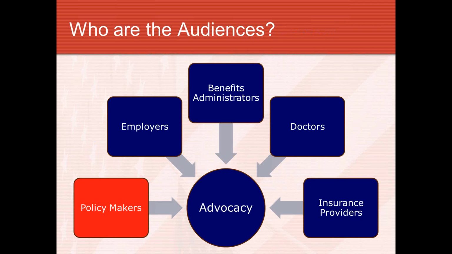Now, to me, the differences in advocacy are who the audiences are that you're talking to. So sometimes you may be advocating at employers in terms of return to work issues. Sometimes it may be benefits administrators, doctors, insurance providers, and I know I haven't put them all up here. But the one in red is the one that we're focusing on, which is policymakers.